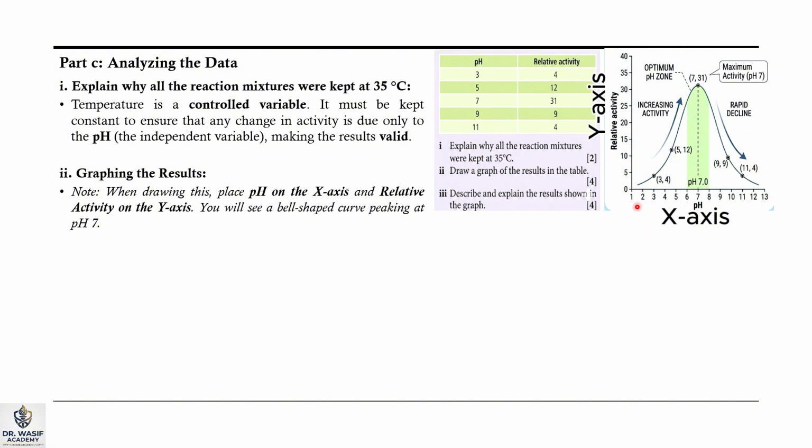Sorry, not temperature, pH is rising. As the pH increases and reaches the optimum level, this is the maximum activity. But when the pH continues increasing, the reaction moves down and then it halts.